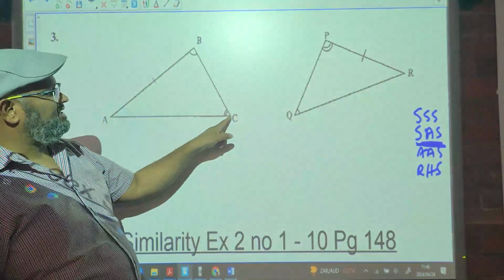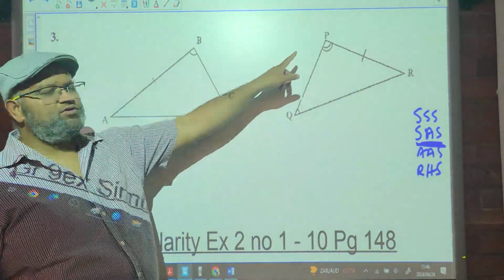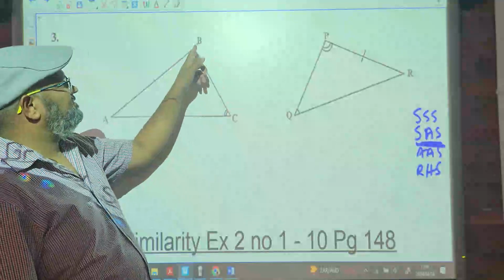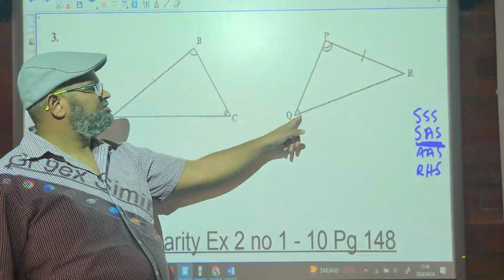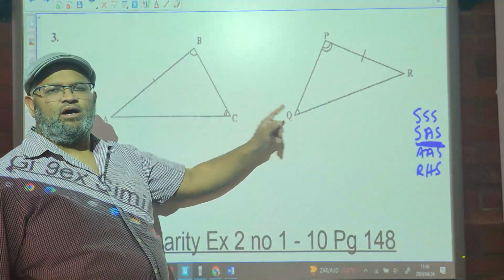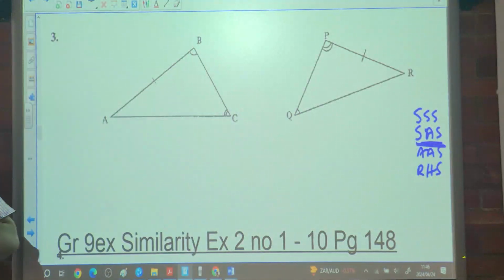Then we have an angle here, C is equal to P. Then we have B is equal to Q. Are the two triangles congruent? Yes, you all agree with that, no?